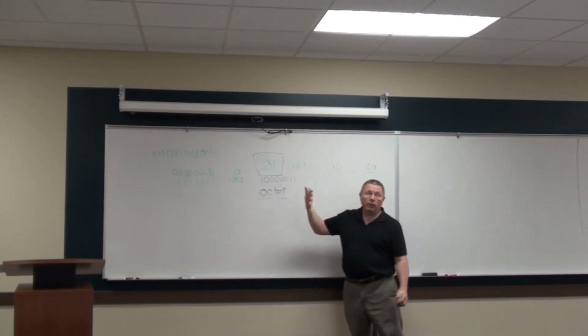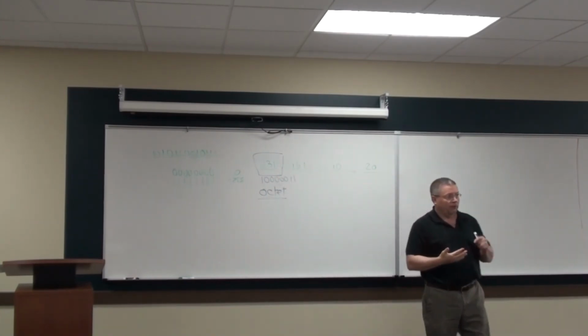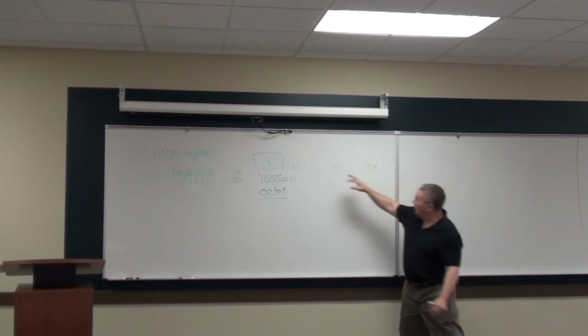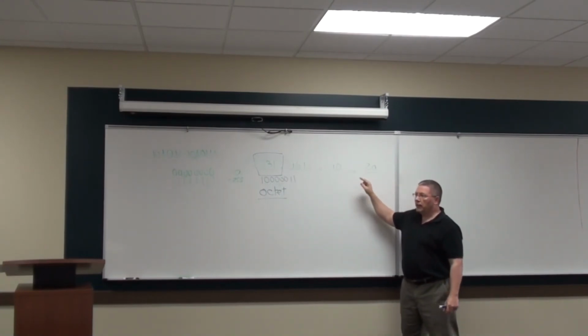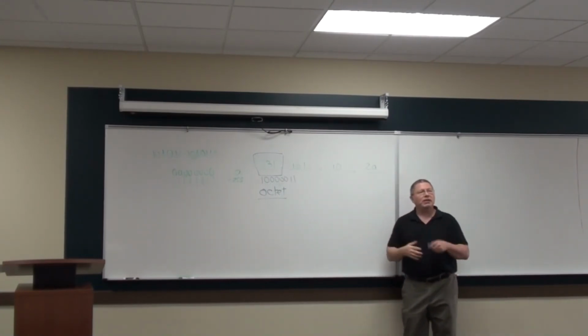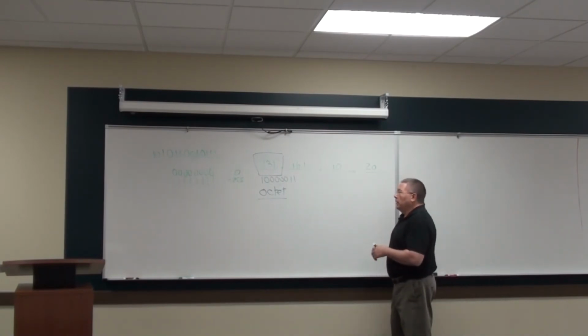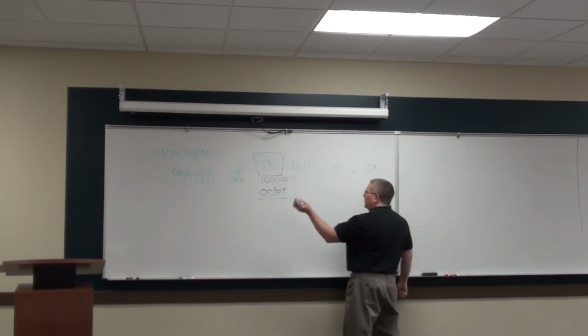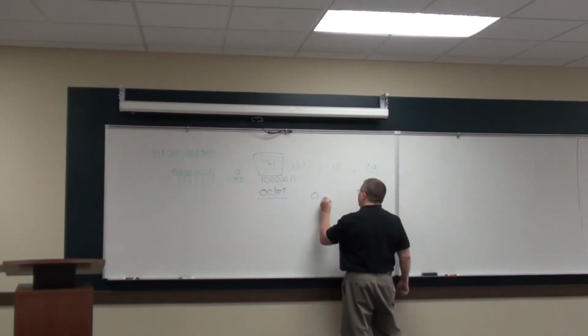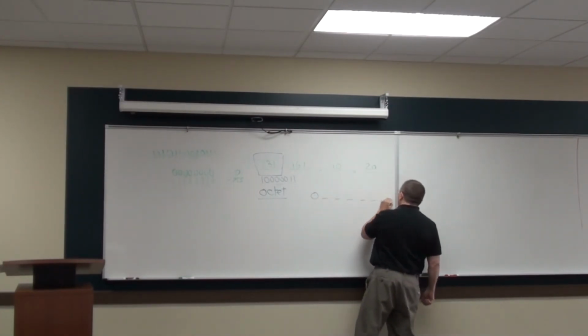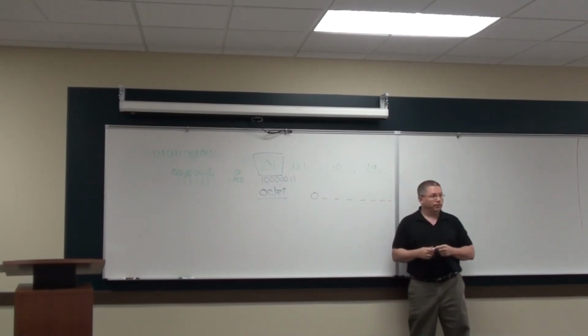And I'm going to tell you now that we're going to use that octet to determine the scheme of each IP address. And we're going to refer to those different schemes as different classes of address. All right? So let's just say that we started out by saying the first bit of the octet had to be a 0.